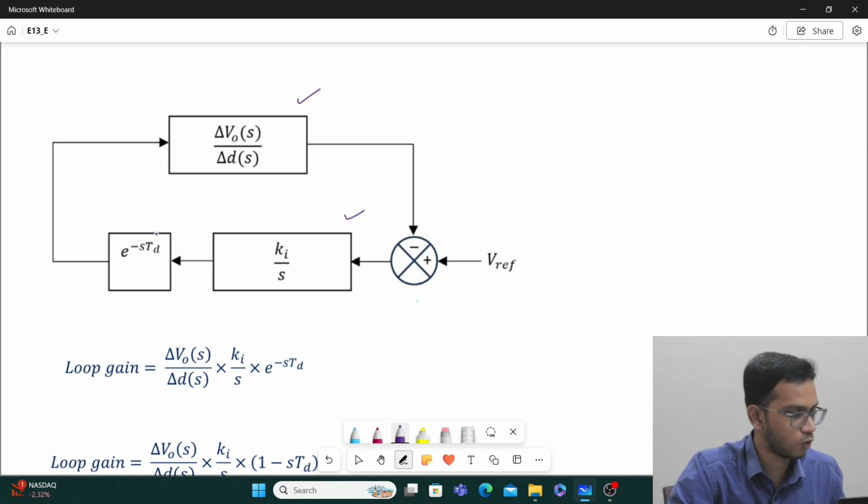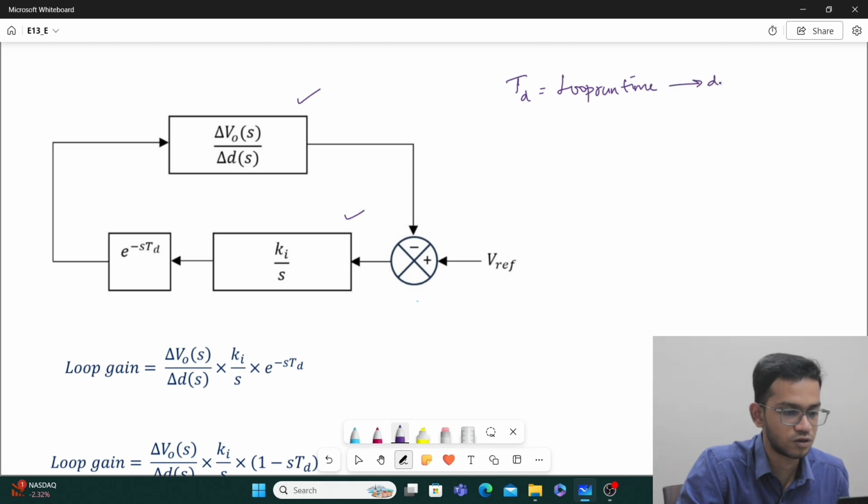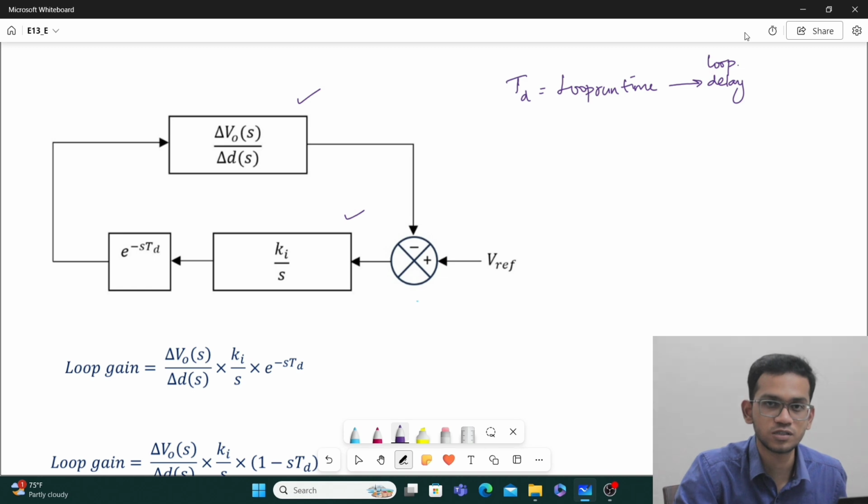First question, why am I modeling this as e power minus s td? Here td is nothing but your loop runtime, or otherwise called your loop delay. I am referring to this as loop delay here.